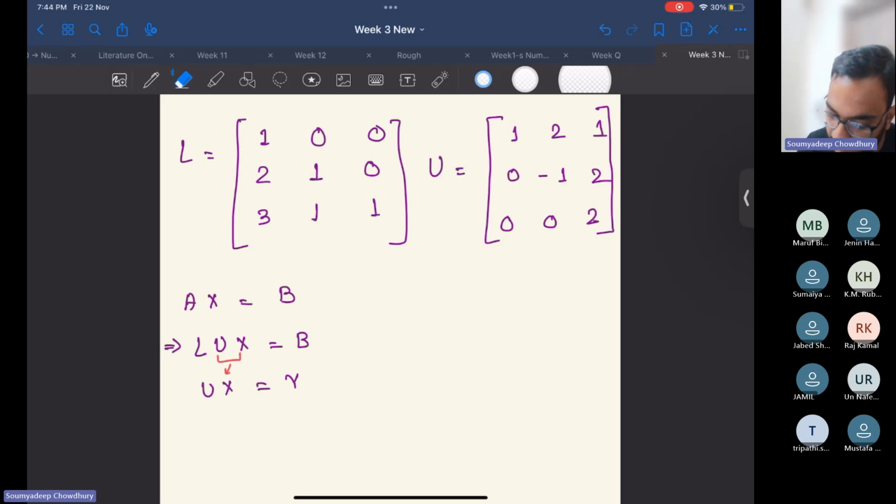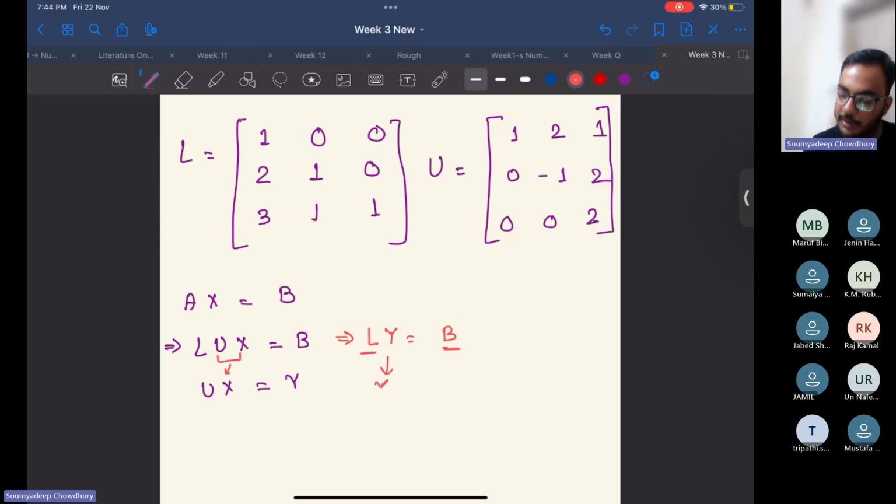If we substitute here, it was basically LY equals B. We know L, we know B, we can find out Y. Similarly, once we get Y, we can substitute it here, and then we know U, we know Y. We can find out X.